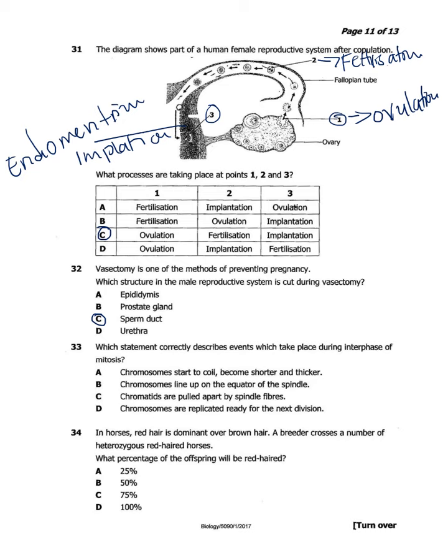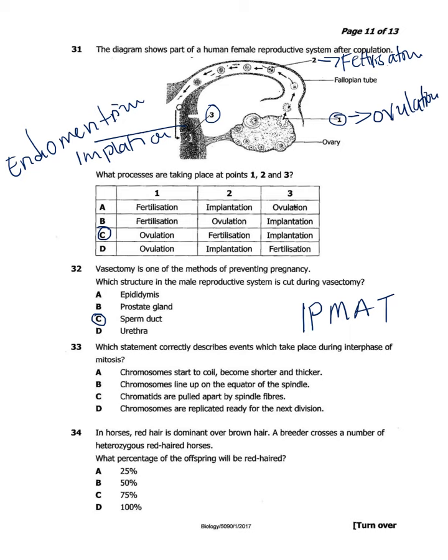Which statement correctly describes events which take place during interphase of mitosis? So mitosis, we are looking at EPMAT. Now EPMAT is a mnemonic that can assist you in remembering how these stages are arranged, the order.